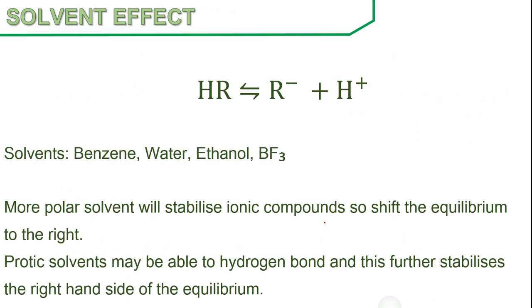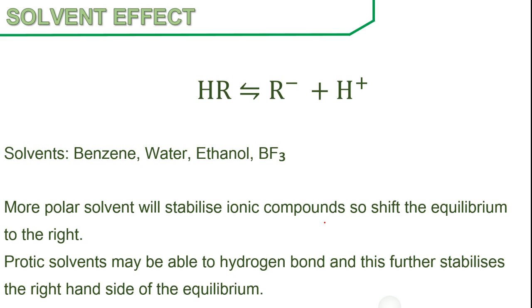Solvent effects. Now obviously this won't affect different species, as they'll all be in the same solvent, but I thought it was good just to cover it. So when we have a Bronsted acid, this is the equilibrium you will form. And so the more we can stabilize the ionic compounds, the more acidic our species will seem to be.